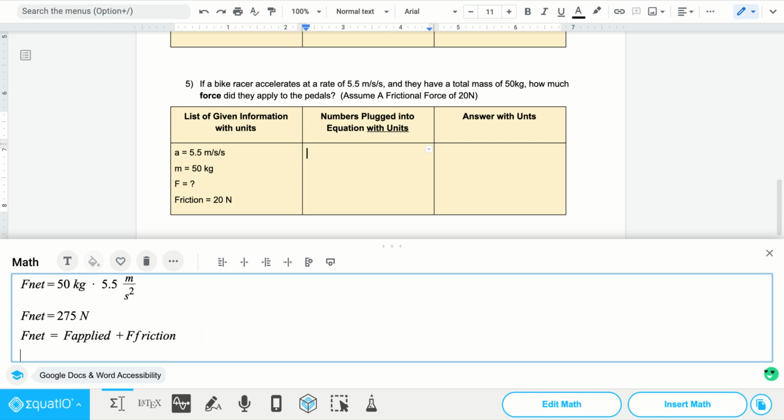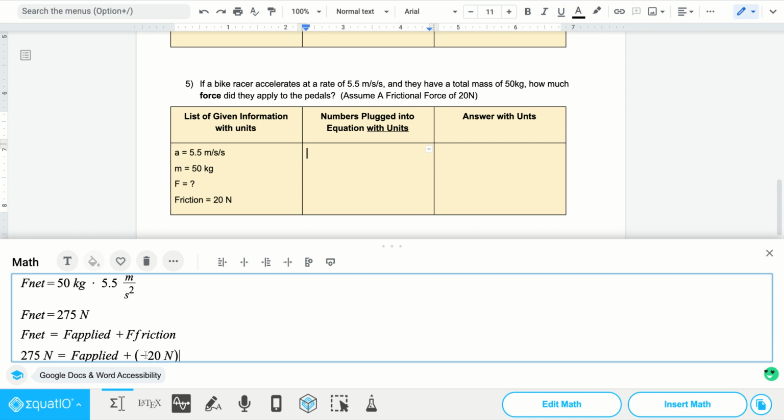So substitute our numbers in. We have 275 newtons for the net force. The applied force is what we don't know. And we're adding to that the frictional force, which is actually in the negative direction, so minus 20 newtons, or plus a negative 20 newtons.